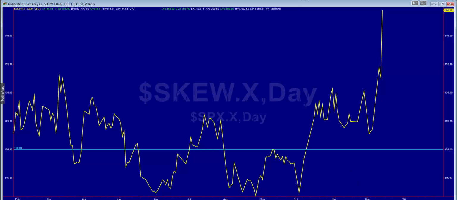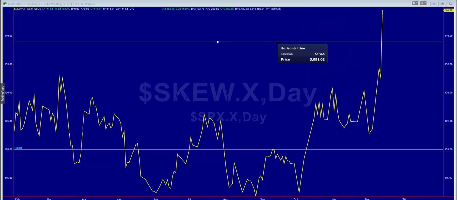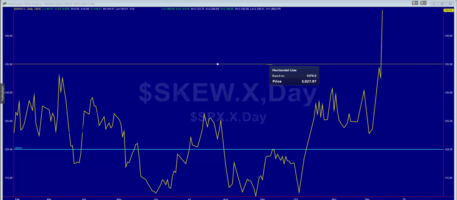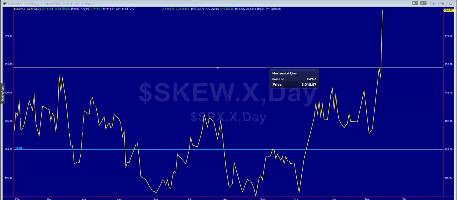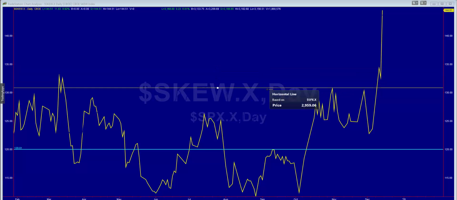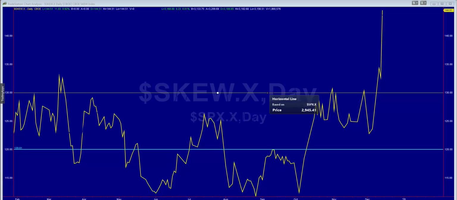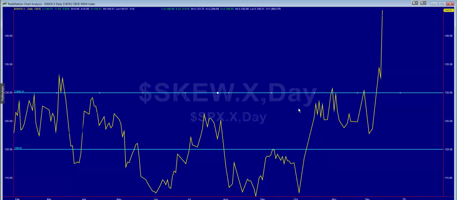Now, when the skew is over 130, that's the number we like to use, so we'll get this. Believe it or not, that's 130. And we'll also color this cyan.